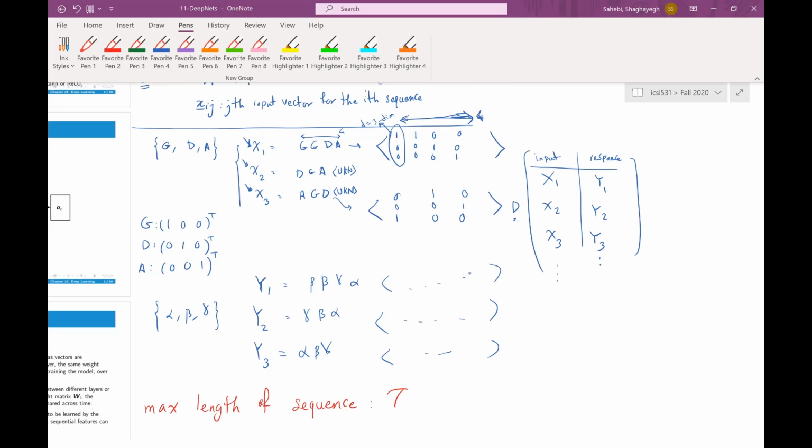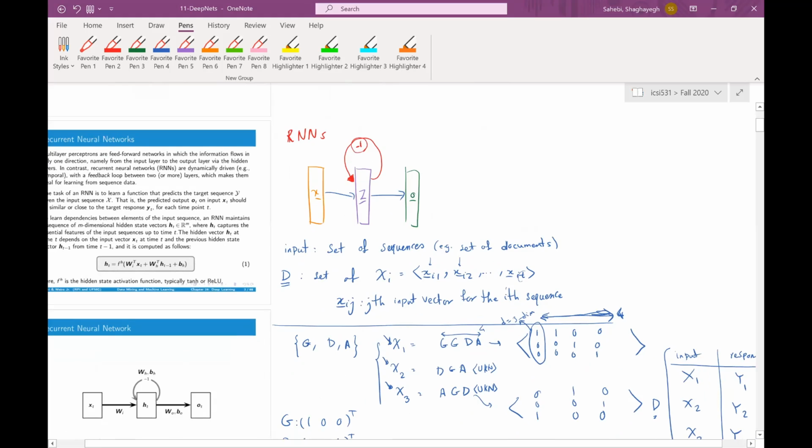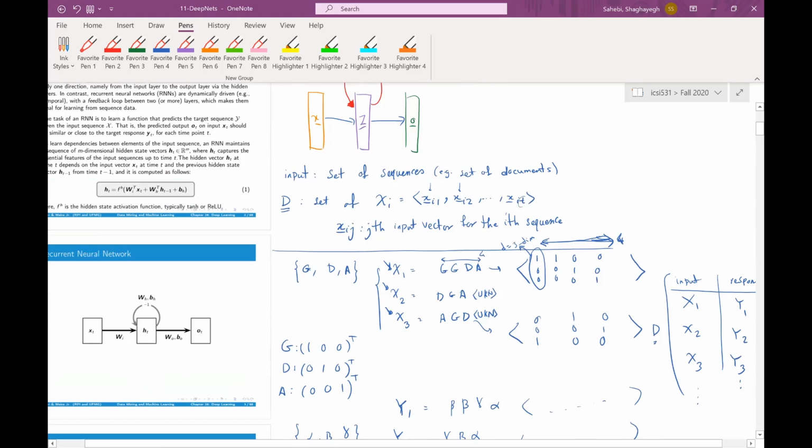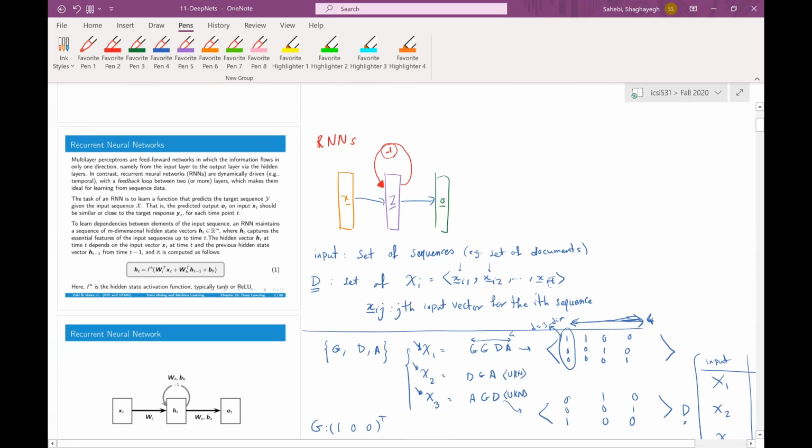Okay, so we talked about the structure. Now, because we have these time dependencies, or a notion of time in the sequence, we have to adapt this structure to also have a notion of time, right?